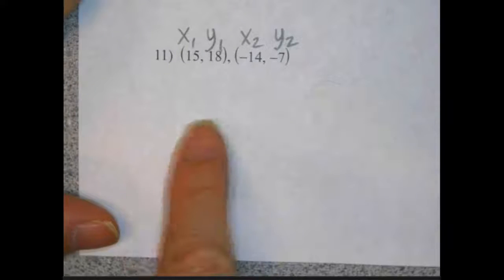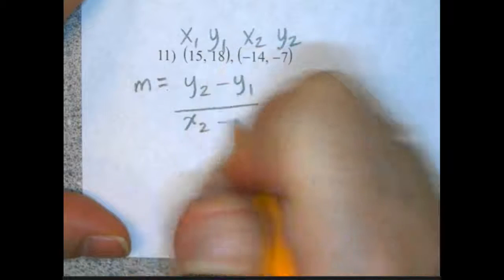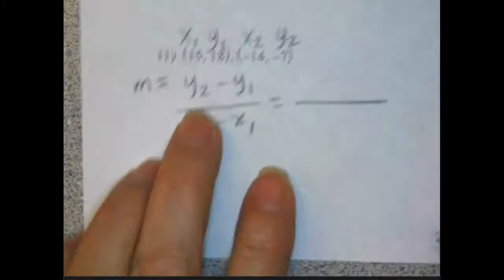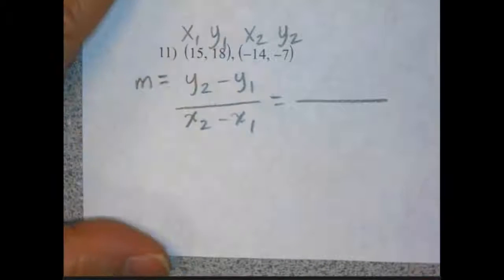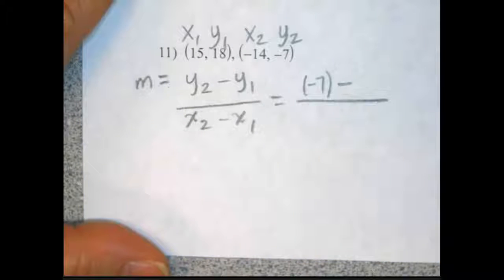Okay, so what's the first thing I'm going to do now? Write my formula. M equals y2 minus y1 over x2 minus x1. Okay, so what's my value for y2? So in parentheses, -7, and then always minus.